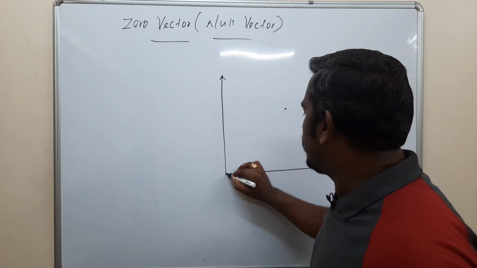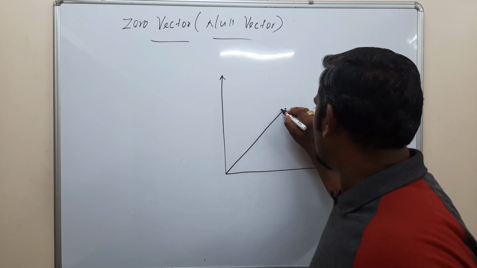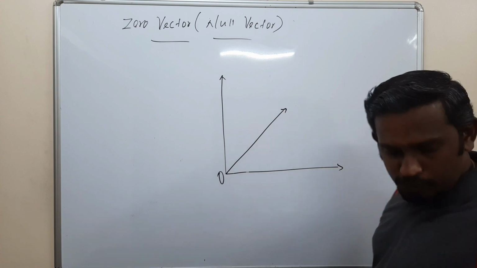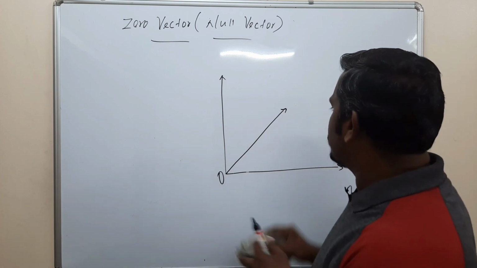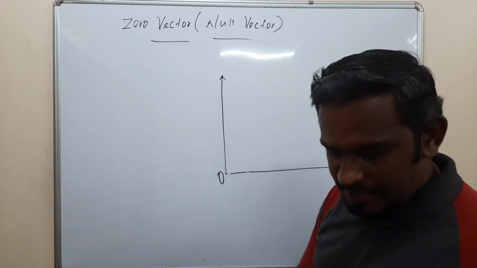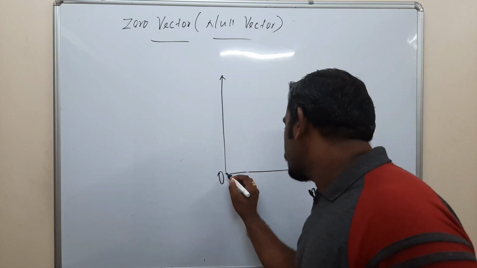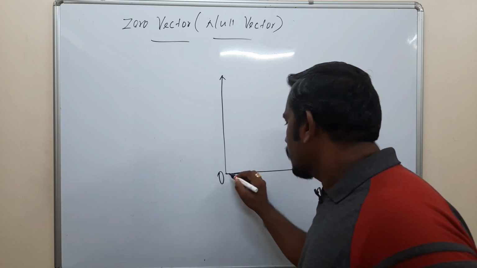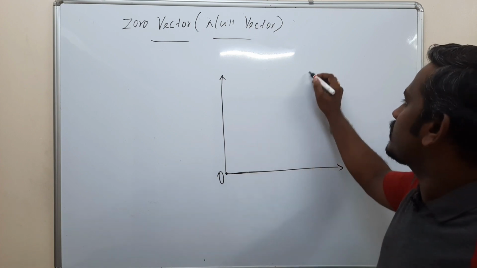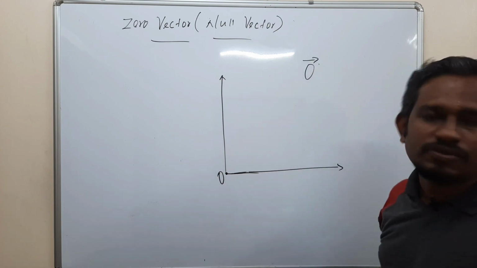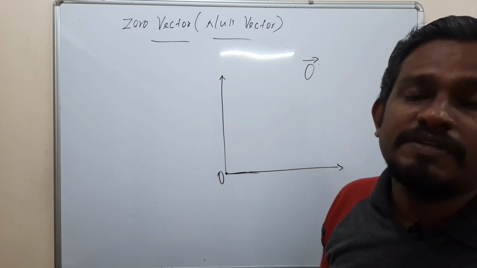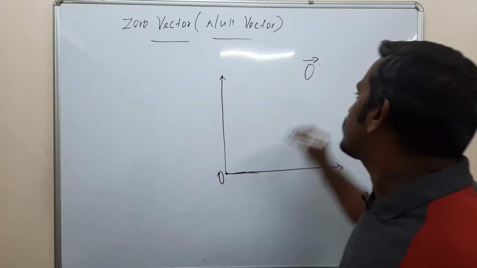A vector which is drawn from the origin to the object is called the position vector. Suppose the object lies at the origin. What about the position vector? The position vector is the zero vector. So we can say that the position vector of an object which lies at the origin is the zero vector.